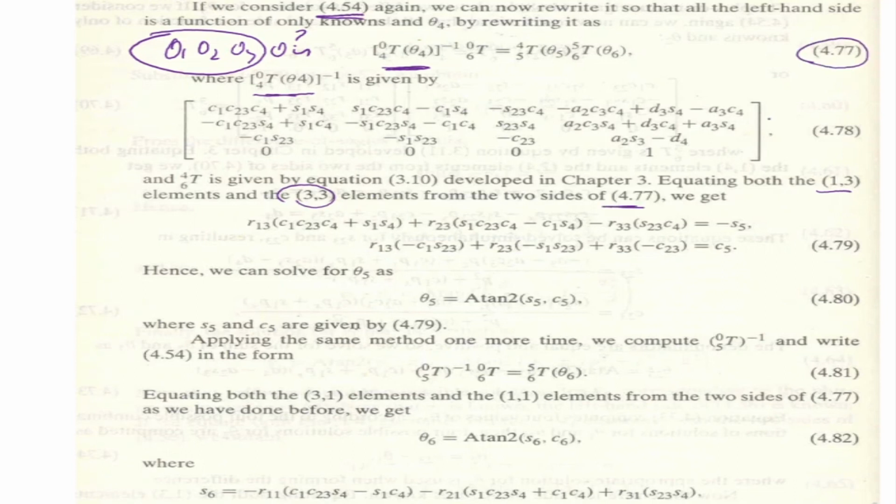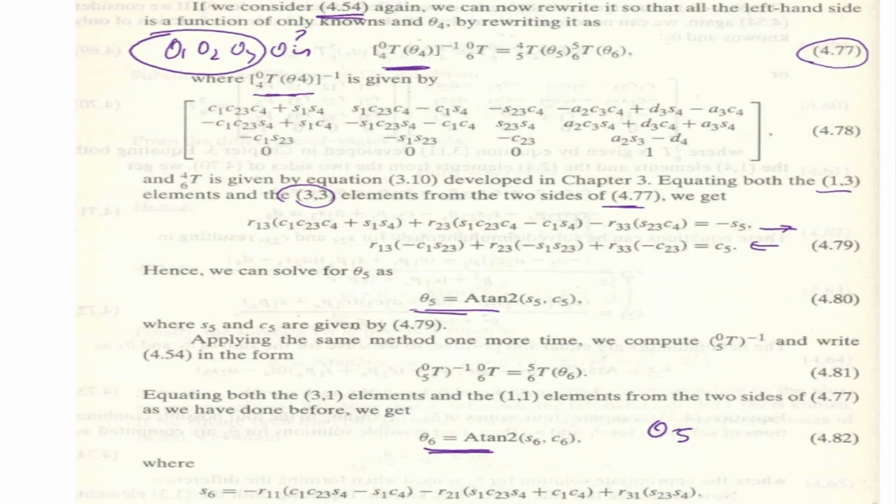What we get is two equations again. From here I can get theta 5 and theta 6. So we have found theta 1 to theta 6.